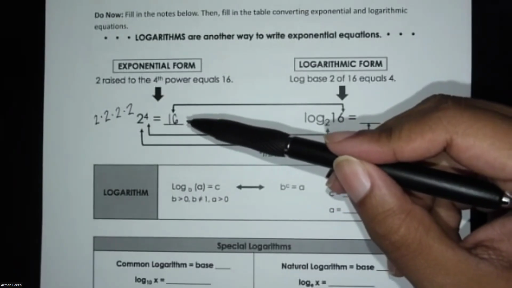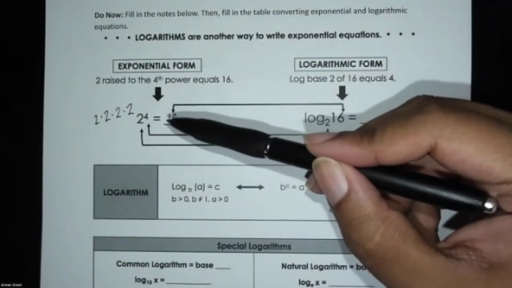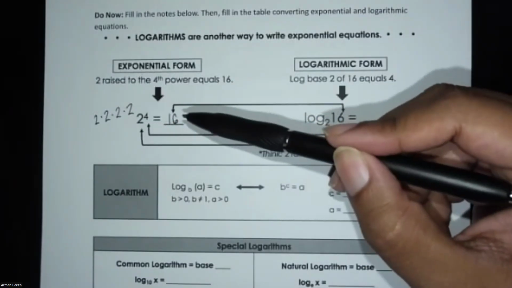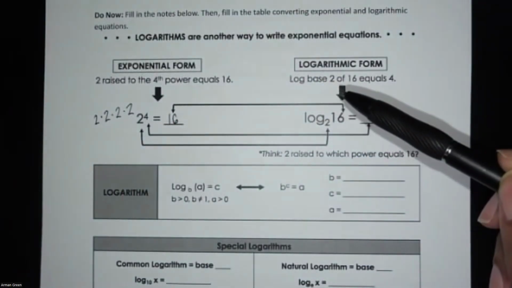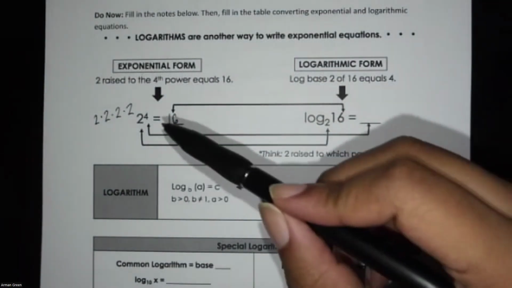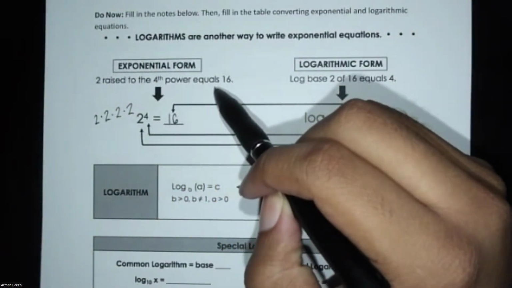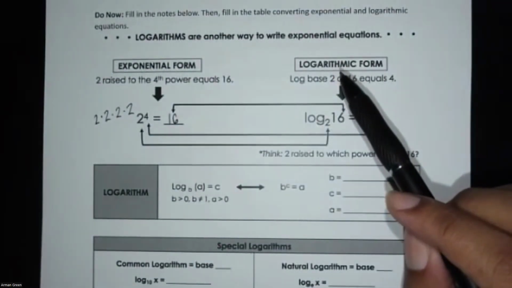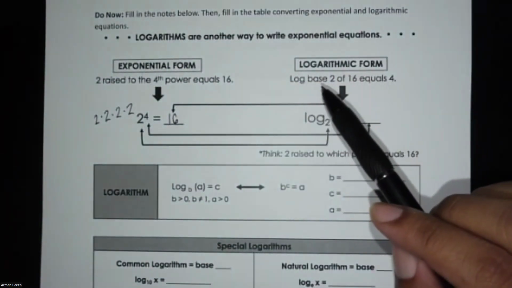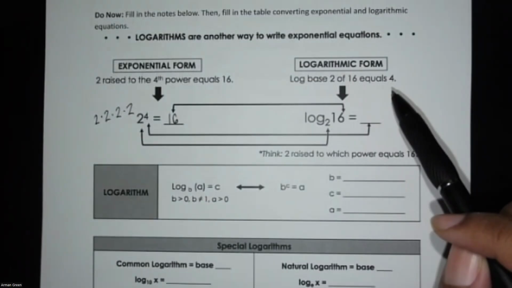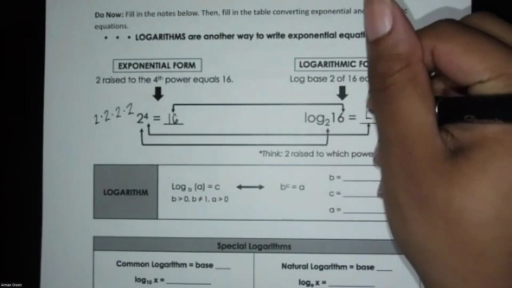But we can rewrite all of this in terms of a logarithm. Instead of saying 2 raised to the fourth power equals 16, we say log base 2 of 16 equals 4.